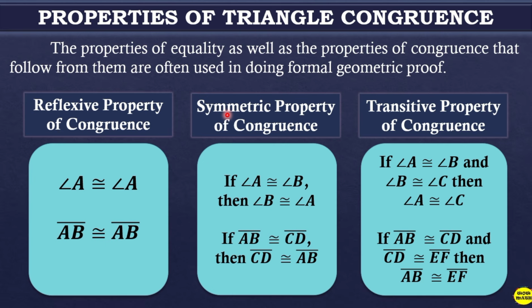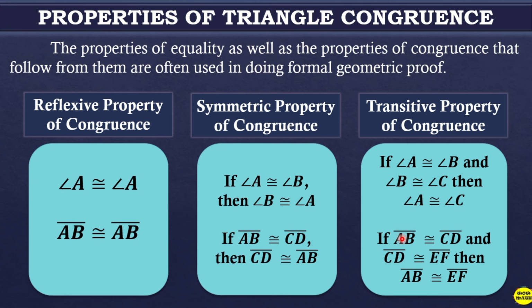Next, when we say transitive property of congruence, ito naman po yung if angle A is congruent to angle B and angle B is congruent to angle C. So, since pareho silang congruent kay angle B, therefore, itong dalawa congruent din. Kaya, then, angle A is congruent to angle C. Okay, ganun din po sa segments.